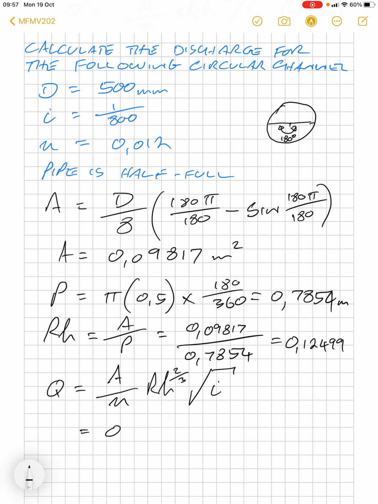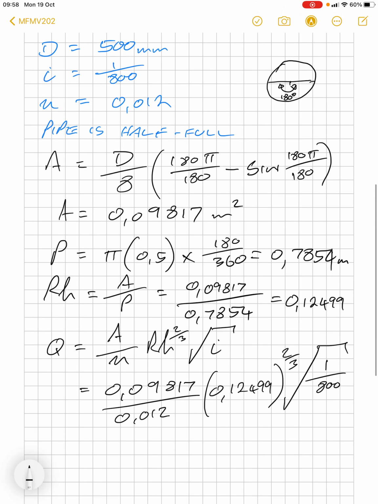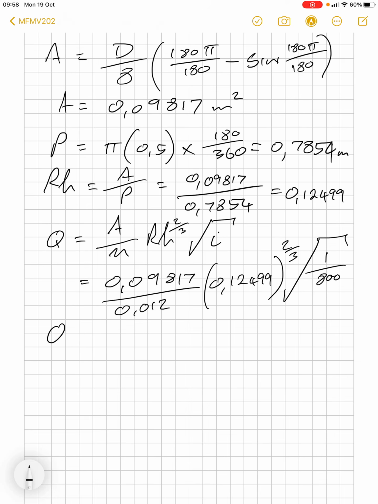So if we substitute, we've got the area 0,09817, and we have the Manning constant 0,012, mean hydraulic radius 0,12499 to the power 2/3 times the square root of 1/800, which is our i value, and therefore our discharge is 0,0723 cubic meters per second, and that is when the pipe is half full at a slope of 1 in 800.